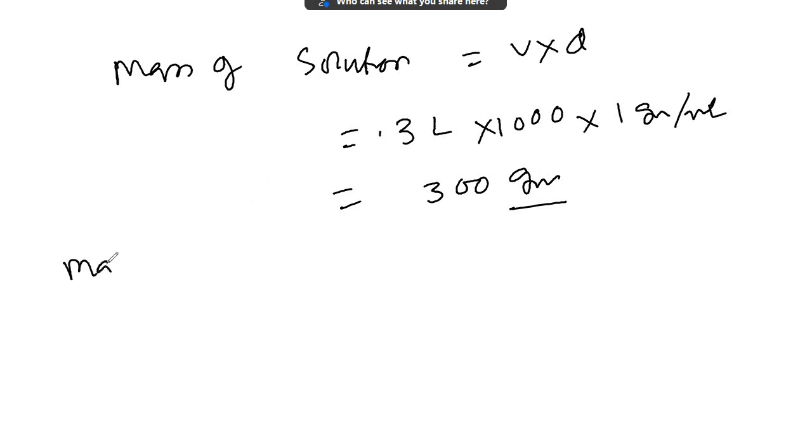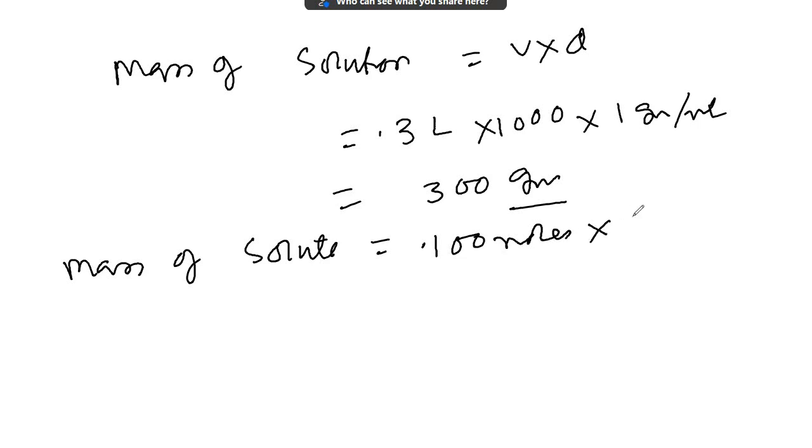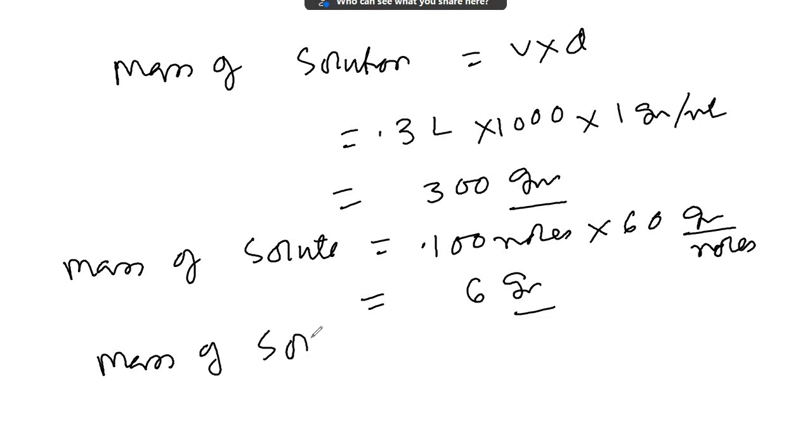Mass of solute is 0.100 moles into 60 gram per mole, gives you the mass of solute in gram. It becomes 6 gram. Mass of solvent is 300 minus 6, that is 294 gram.